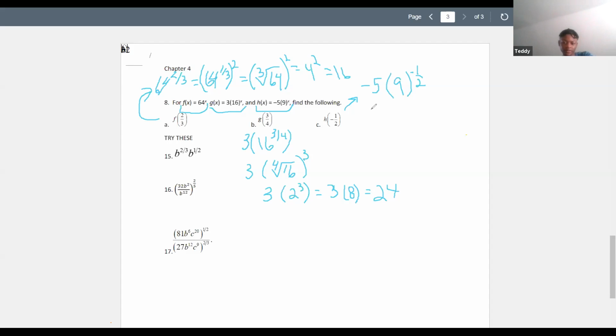Down. What's the opposite of top? Down. Yeah, we're going to go to the bottom. Very good. So it's going to be the square root of 9, but it's on the bottom. So then your overall answer there is -5/3.